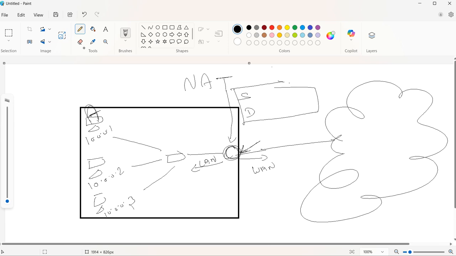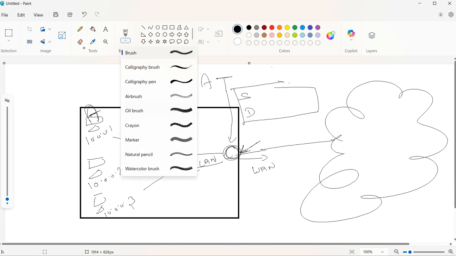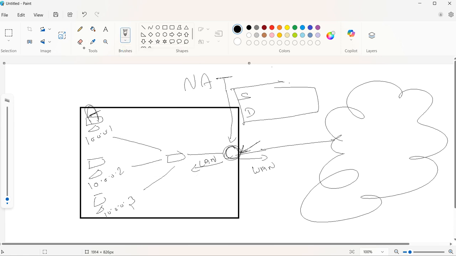So before sending the traffic out, we are asking to change to this public IP address. Let's say you have 20.0.0.1. Actually the traffic is coming from A. The source address is 10.0.0.1.